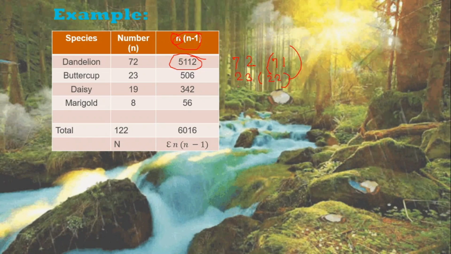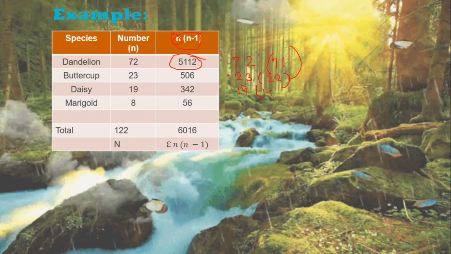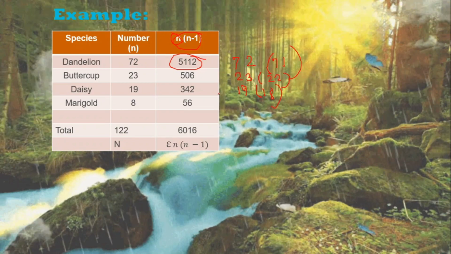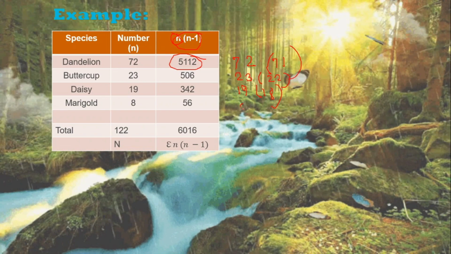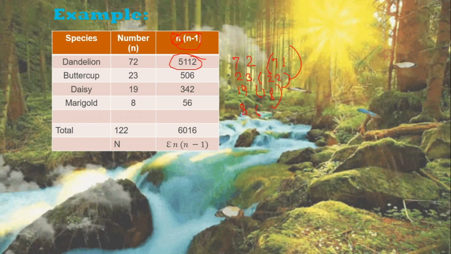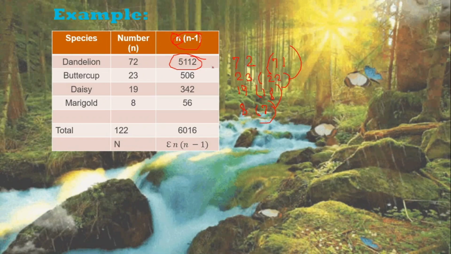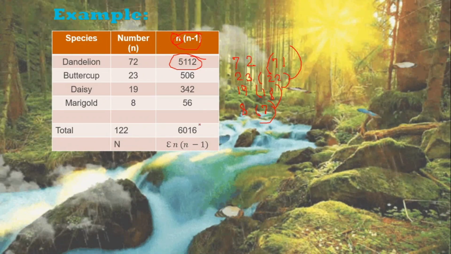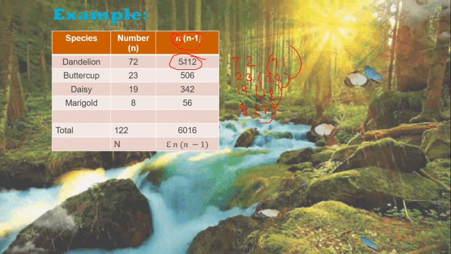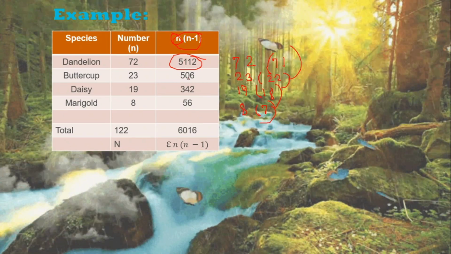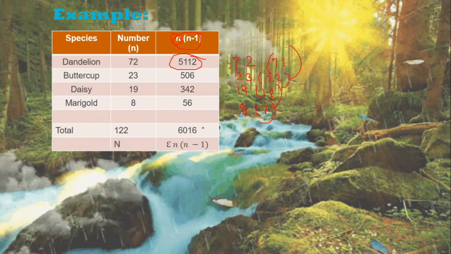Next, for daisy, 19 times 19 minus 1, which is 18. 19 times 18 is 342. And 18 times 18 minus 1, which is 17. 18 times 17 is 306. Now, get the total or the summation of n times the n minus 1. 5,112 plus 506 plus 342 plus 306 is 6,266.